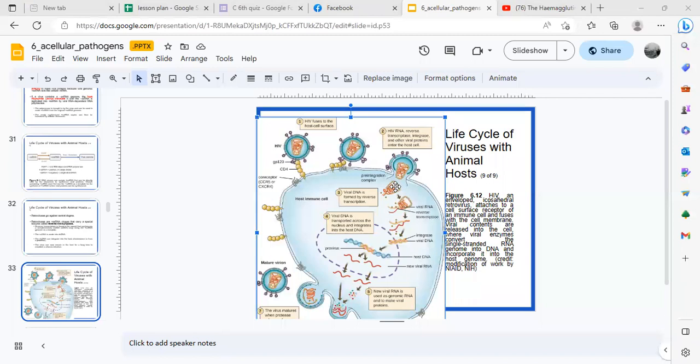You have the reverse transcriptase, integrase, so kasama yan sa pre-integration complex. So eventually, yung viral RNA mo and your reverse transcriptase will form the single-stranded DNA.